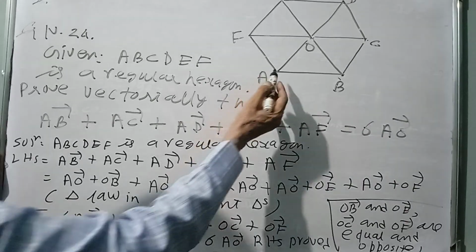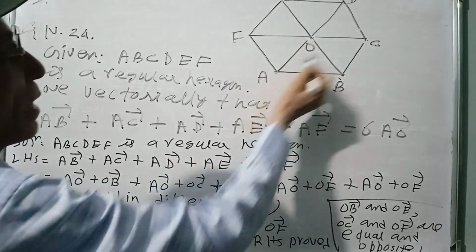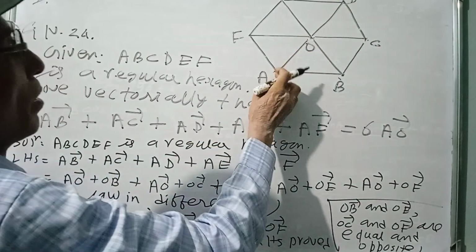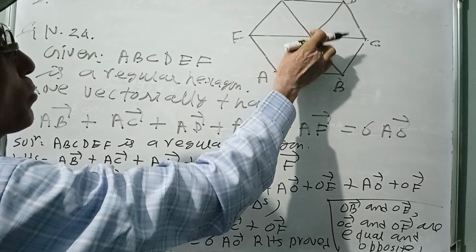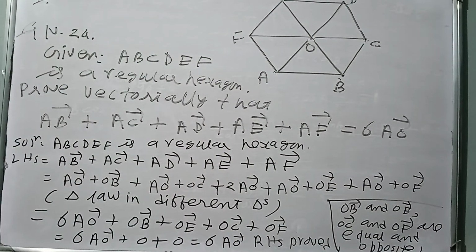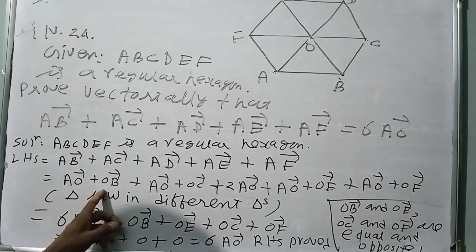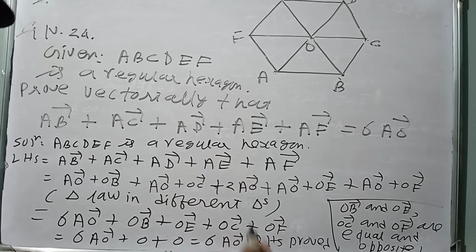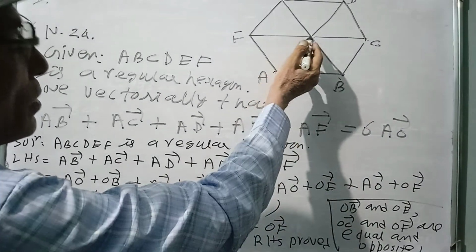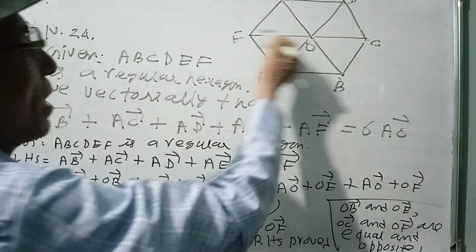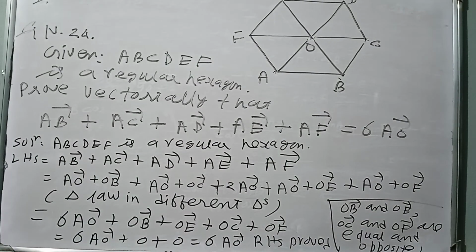AB is AO plus OB, AC is AO plus OC, AD is 2AO, AE is AO plus OE, AF is AO plus OF, using the triangle law in different triangles. Arrange the remaining terms in such a way that they cancel: OB and OE, OC and OF cancel each other.